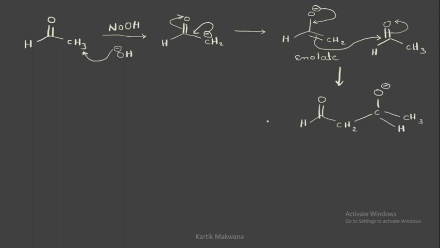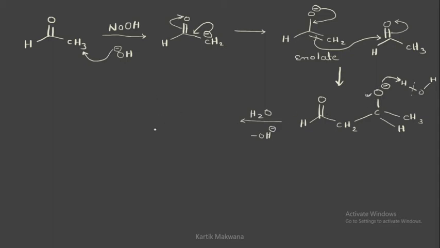Right? Now what will happen? We will react it with H2O. So the H2O molecule we can draw like this. Now this oxyanion minus charge will be protonated from the water molecule, and OH minus will be removed, and this oxygen will be protonated.